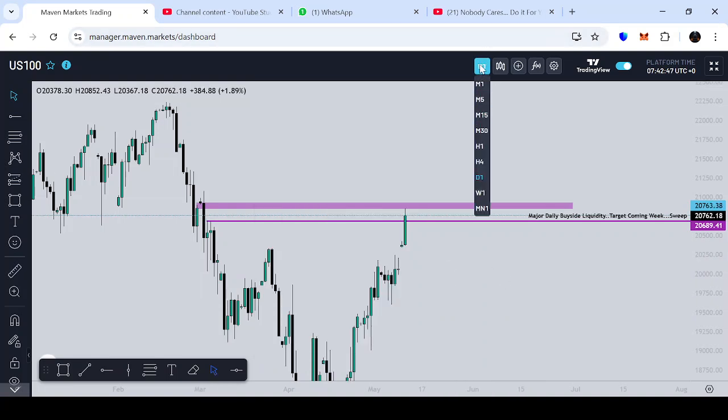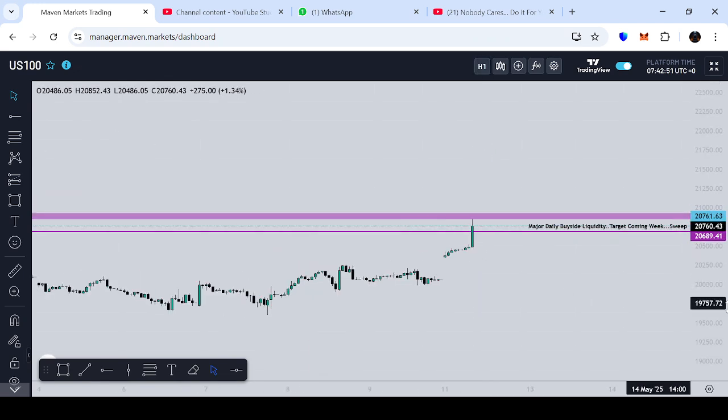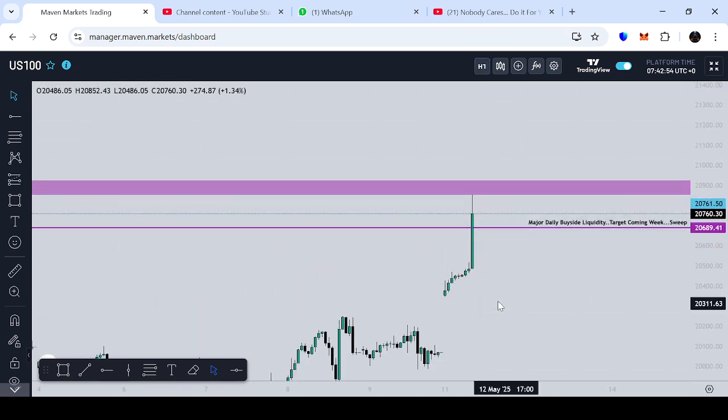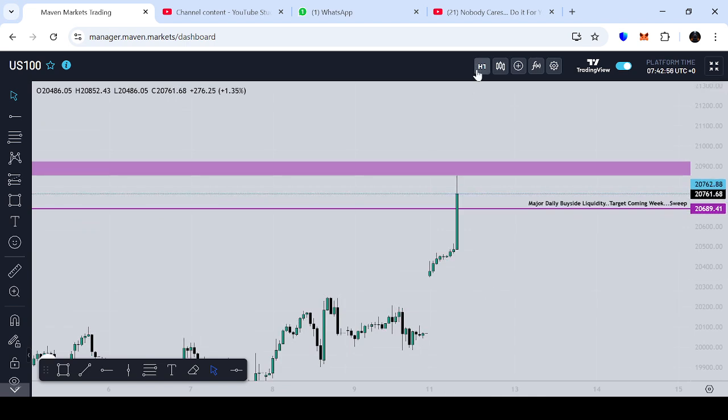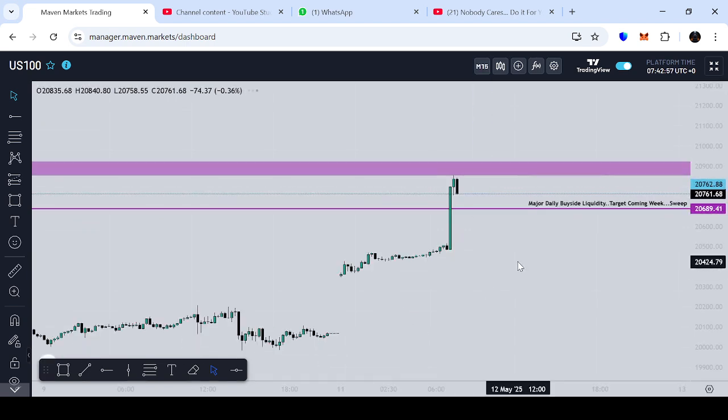This is the daily chart. Go down to the 1 hour. That's the 1 hour chart.